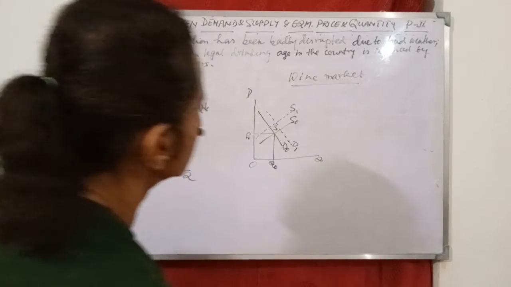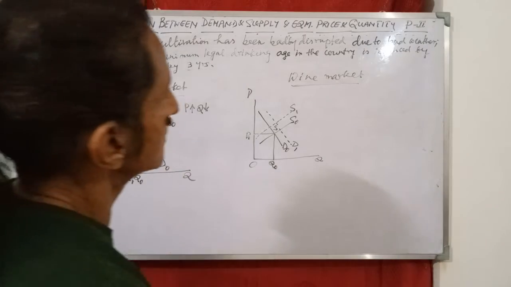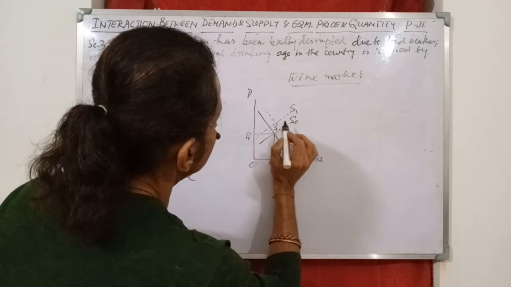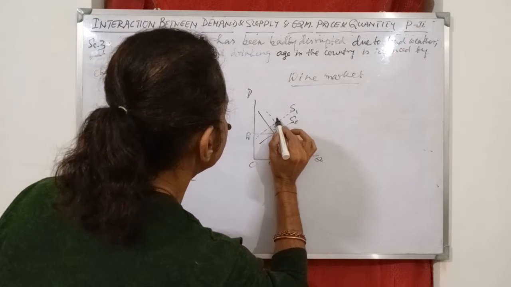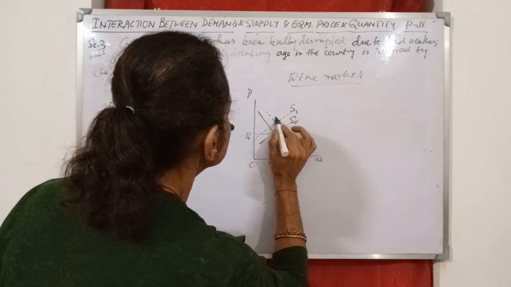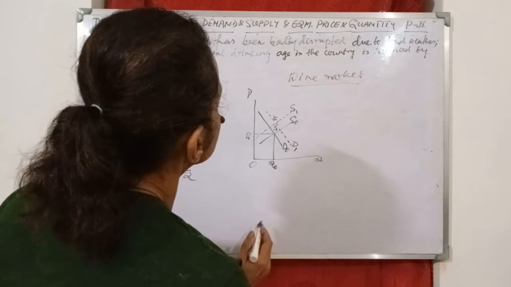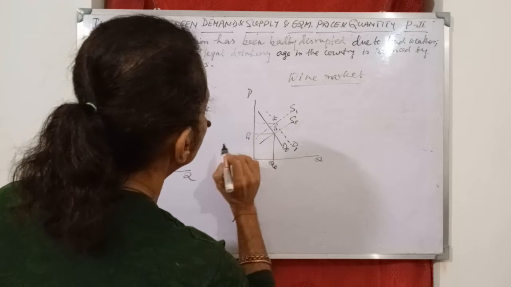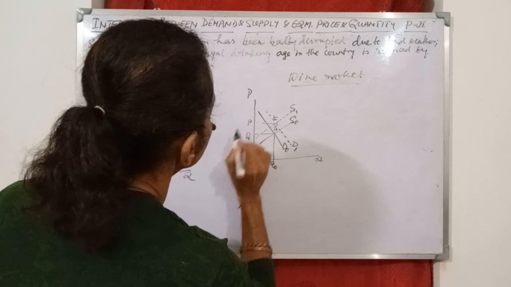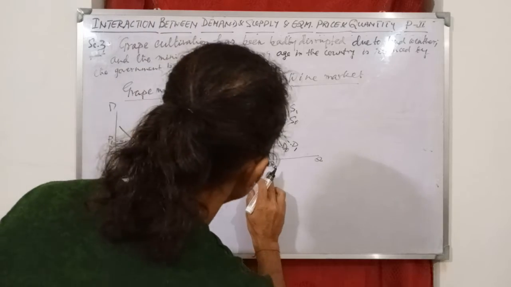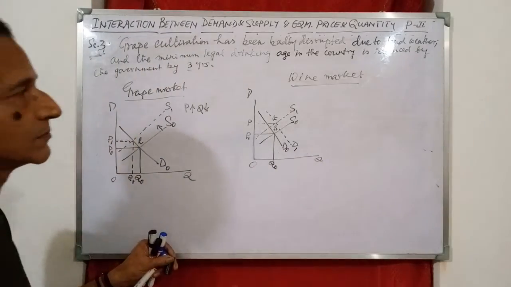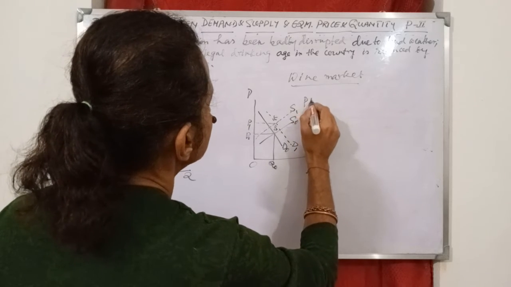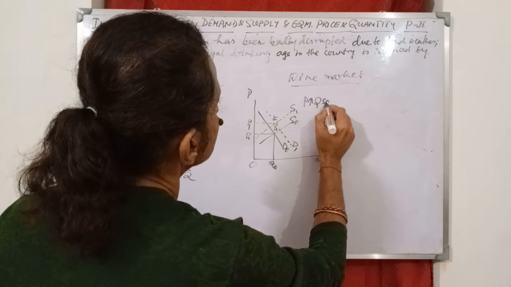So D sub 1 and S sub 1 intersect at point T. So the new price is P sub 1, whereas the equilibrium quantity remains the same. So here price is increasing, quantity same.